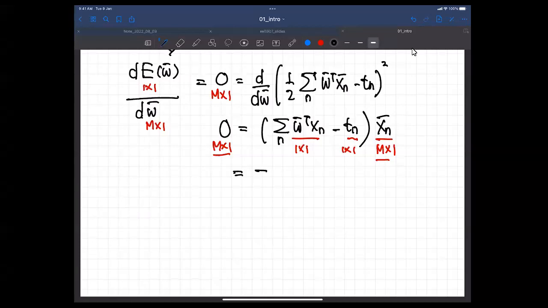So in this case, I just sum over n, multiplied by xn, W transpose xn, correct? If I put it inside, minus the sum over n of Tn multiplied by xn, correct?